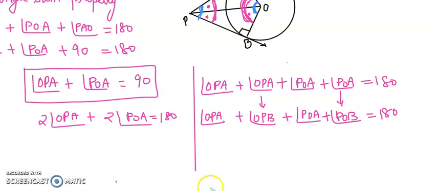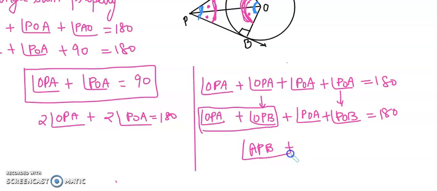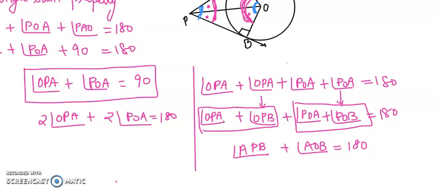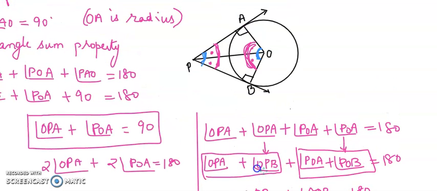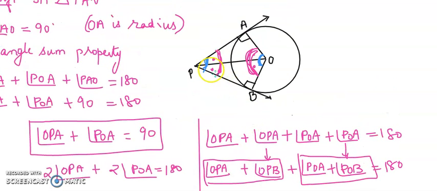So that means we'll directly say this is nothing but APB. And what is this? These two angles add up to be, yes, AOB, which is equal to 180. So thus the angle at the center and the angle at the external point add up to be 180. Correct? This is the theorem that we have proved.